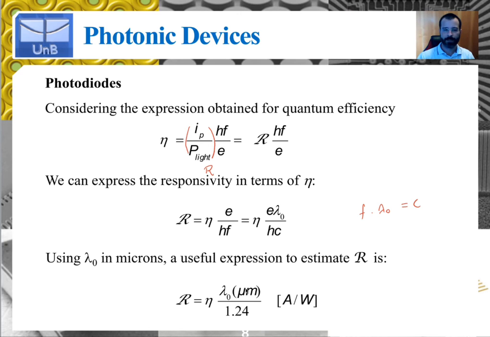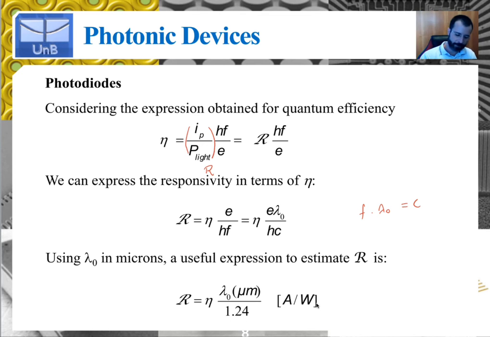For example, if this corresponds to red light, so 0.632 microns, you would use just 0.632 and leave off the micrometers. So eta times the wavelength in micrometers divided by 1.24 amps per watt.